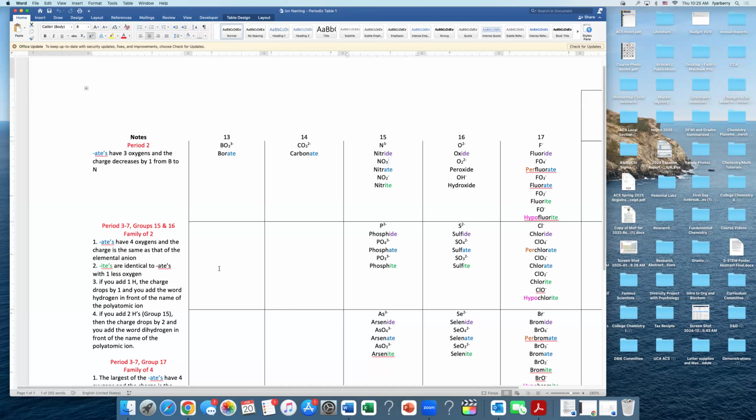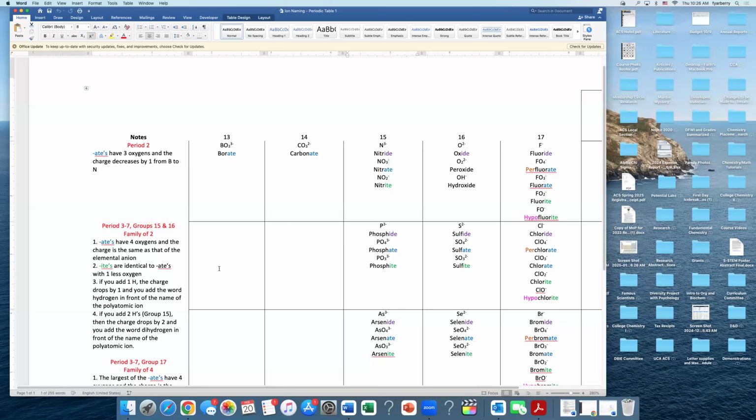The other thing that's really cool about period 3 on is that the charge on the polyatomic ion is going to be the same as the charge on the elemental ion.